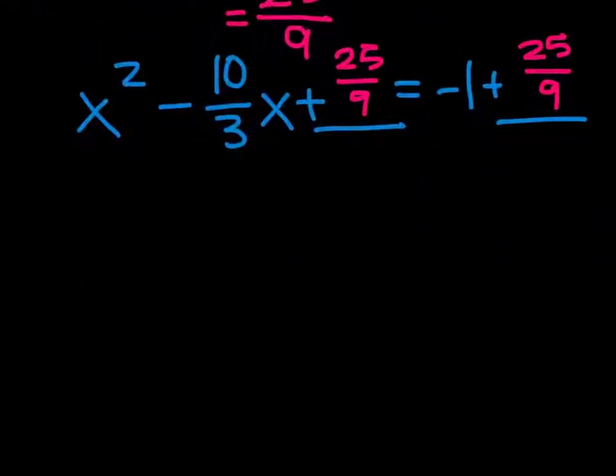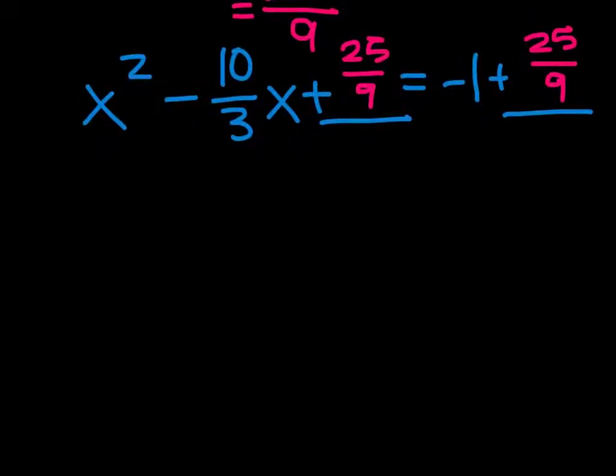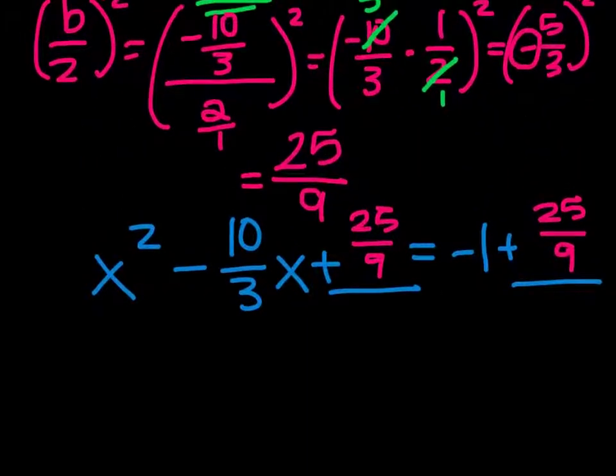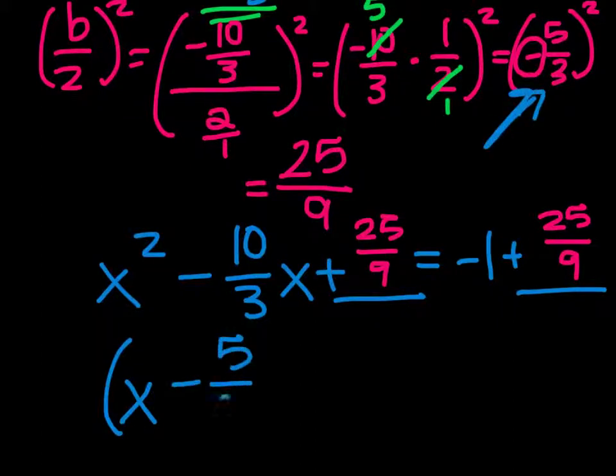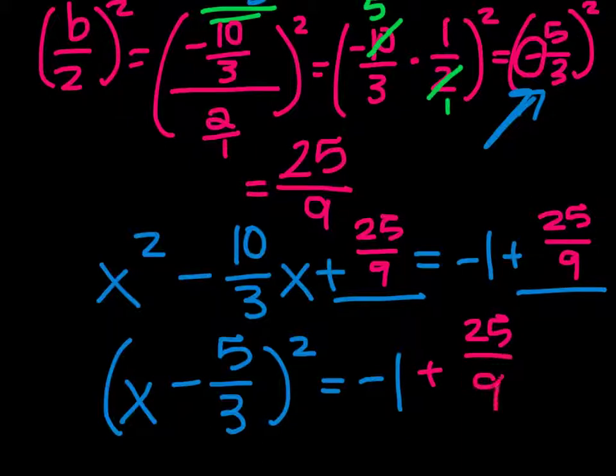We need to now factor this into its perfect square trinomial form, and I'm actually going to bring this up so we can see it again. And if we're going to factor it into its factor form, we're going to say x minus 5 over 3 squared is equal to negative 1 plus 25 over 9.